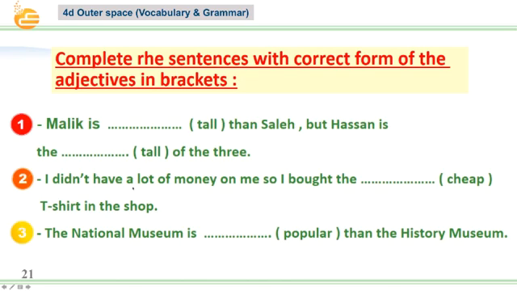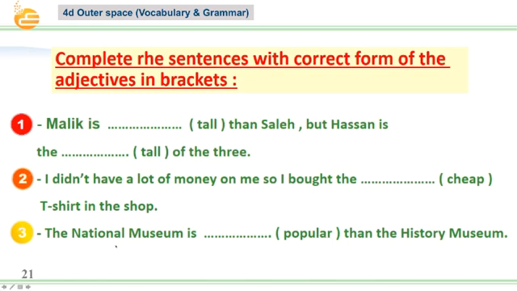Number two, I didn't have a lot of money on me, so I bought the blank t-shirt in the shop. Number three, the National Museum is blank popular than the History Museum. What do you think? Popular.